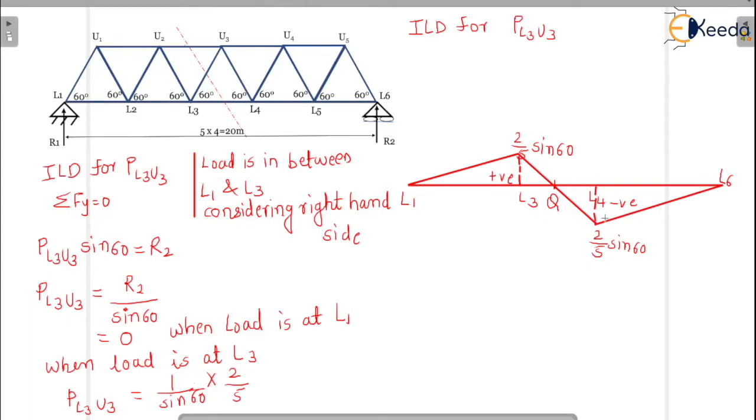The maximum tensile and compressive forces are equal, because one is negative and one is positive, and they occur when the moving load covers half of the span.